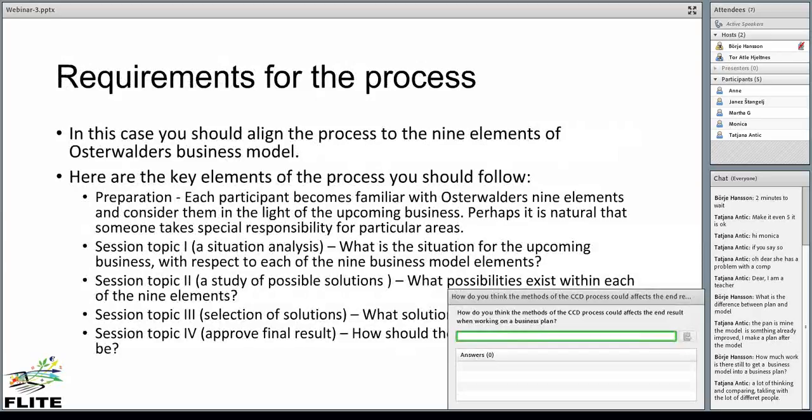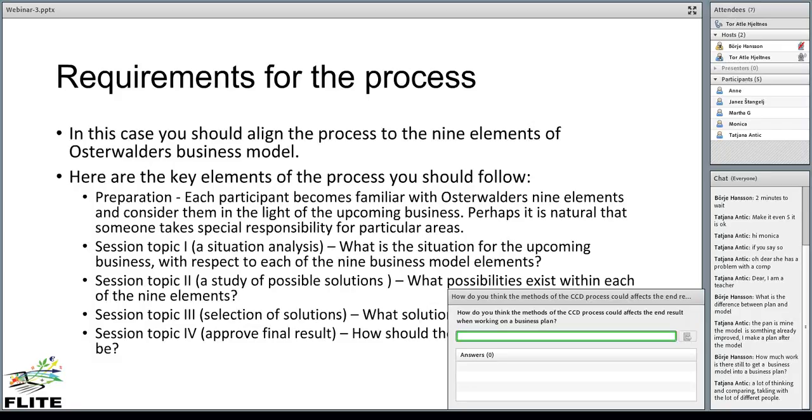Requirements for the process. In this case, you should align the process to the 9 elements of the Osterwalder canvas or business model. And like we say, we suggest that you follow a process that starts with some preparation.